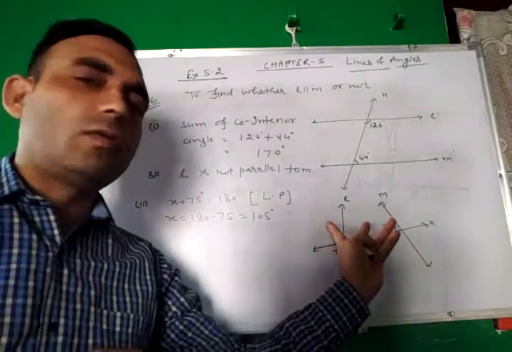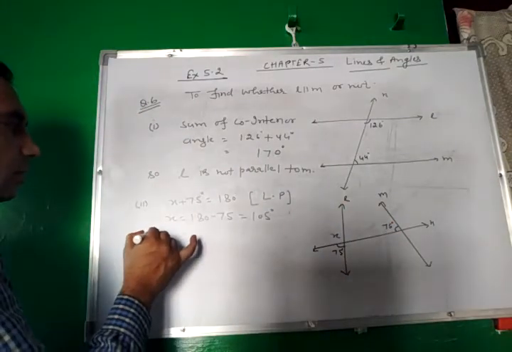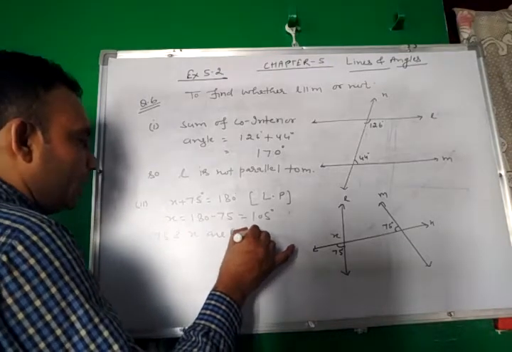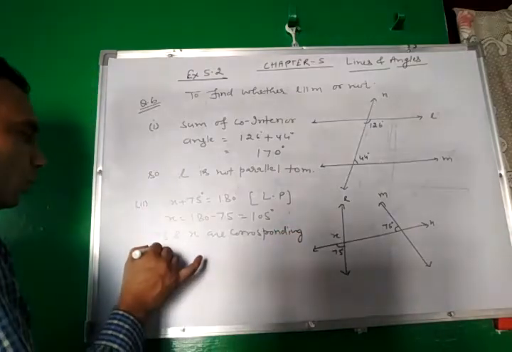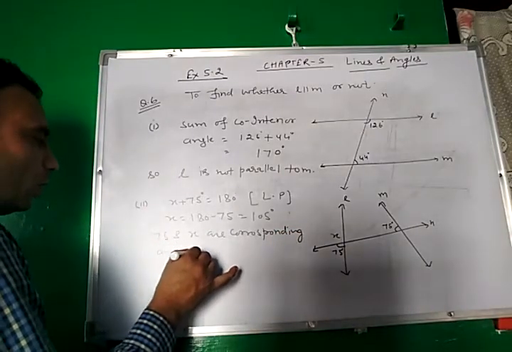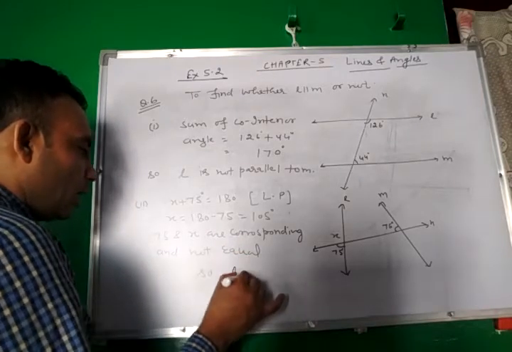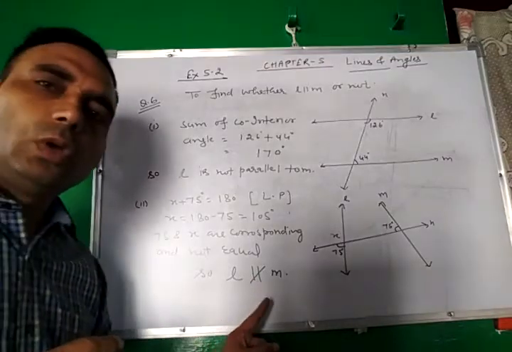Both are not equal, so these lines are not parallel. So 75 and x are corresponding and not equal, so L is not parallel to M. This is the sign of not parallel.